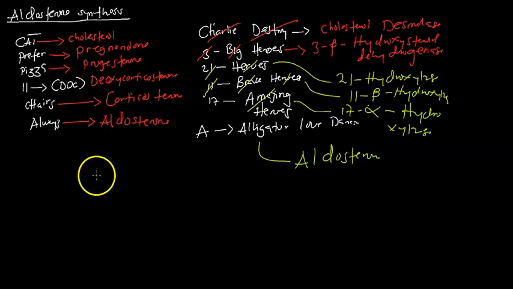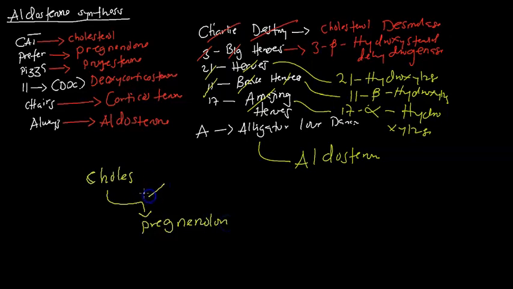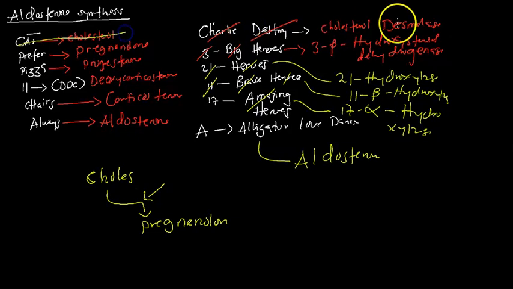Here we have cholesterol, which will basically convert into pregnenolone. With the help of which enzyme? This is the first enzyme. So this is gone and this is gone. The enzyme is going to be cholesterol desmolase.